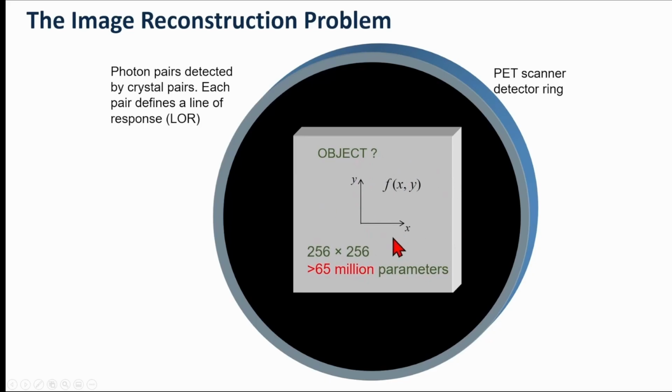So for example, if this is an XY coordinate system, typically we might have, for example, 256 pixels in the X direction, 256 in the Y direction, and so we'd be finding 65 thousand values. In other words, what's the concentration in each and every one of those little pixel regions?